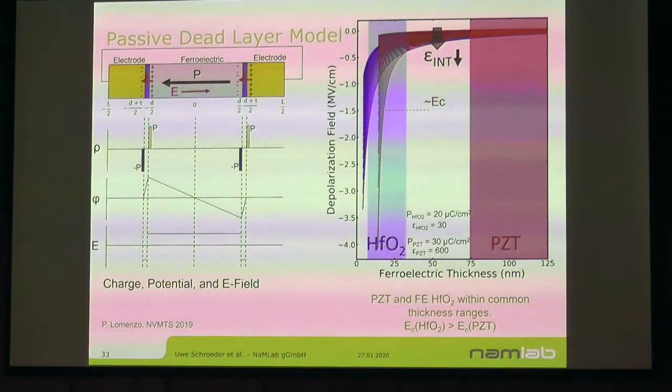The main difference between the hafnium oxide and the PZT case is that hafnium oxide is proposed to be used in this 10 nanometer range where depolarization fields are high, but PZT, when you look at memory devices, is rather in the 70 nanometer range where depolarization fields are smaller.